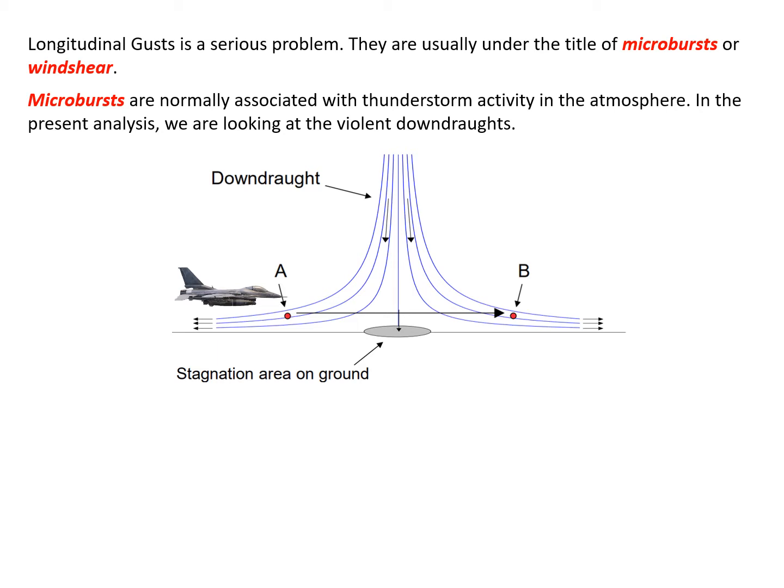And if the aircraft is flying from the stagnation area to point B, there is a tailwind. So from A to stagnation, the aircraft will have headwind, and from stagnation to point B, there will be tailwind for the aircraft.